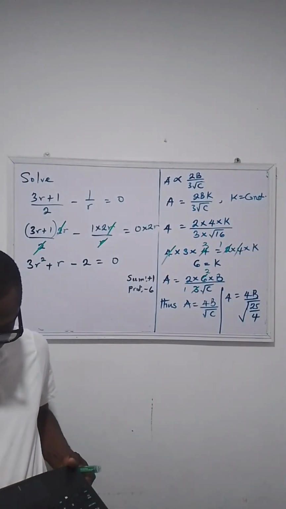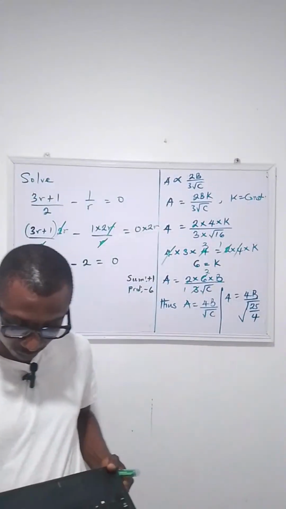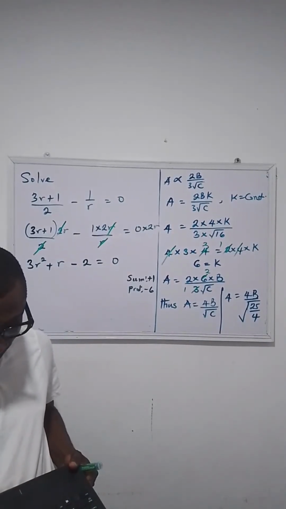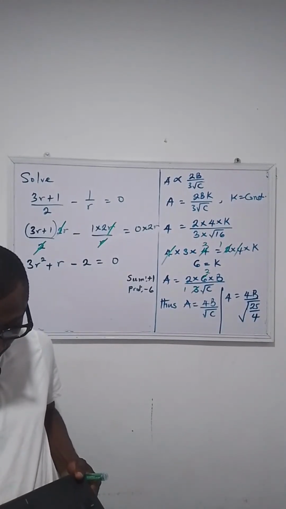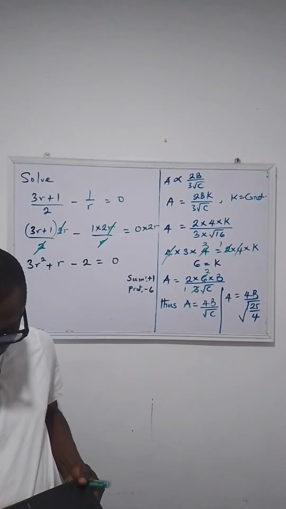Okay, so the two numbers, along with me, I can see your results. 3 and -2, yes. Okay, yeah, Mujisola, yes, I can see that.